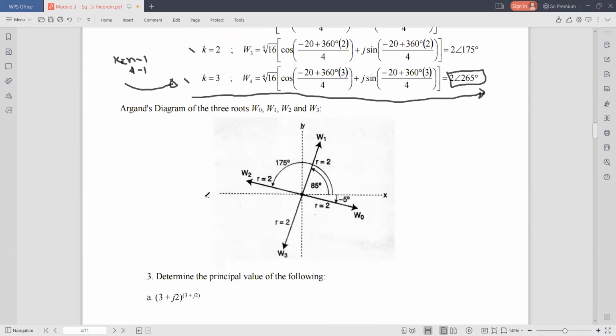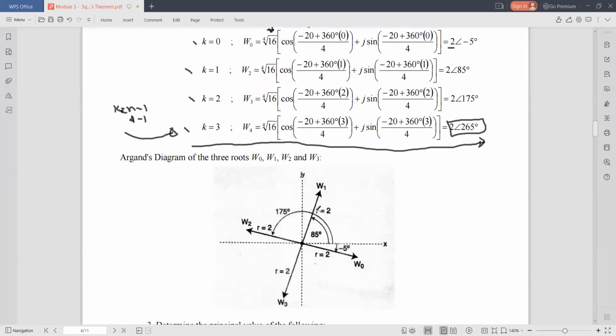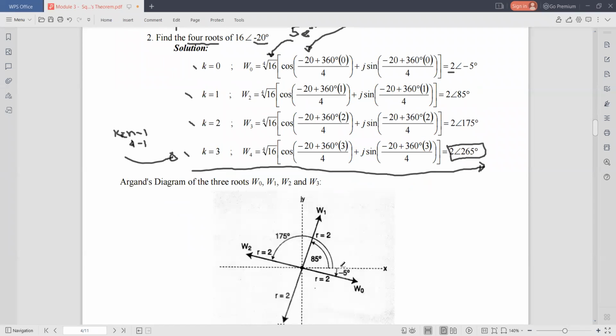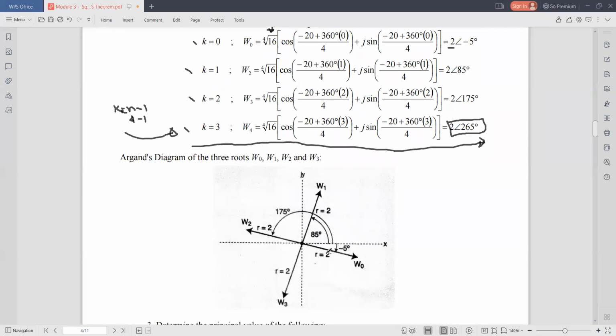Okay, same with this one, if you plot it in an Argand diagram. Notice that the first equation here is negative 5. Therefore, we go clockwise for negative 5, and starting from here, you will have your 85 degrees. So from here, we start at the x-axis, not here. Okay, at the positive x-axis, this is where we start our angle.